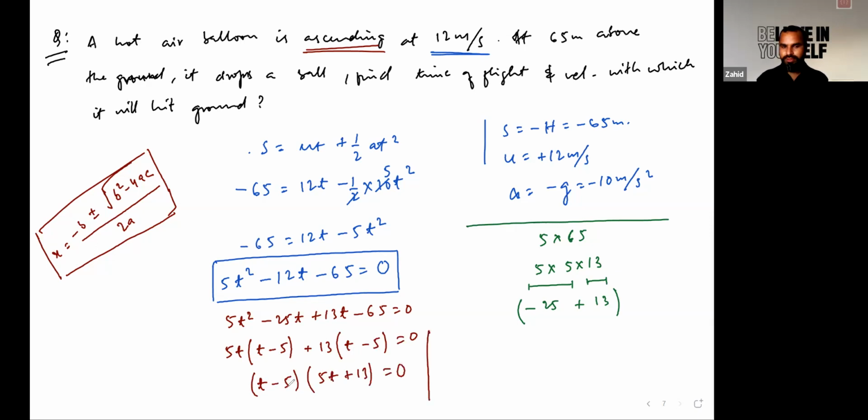On putting each term equal to 0, t equals 5 seconds from the first part and t equals minus 13 over 5 seconds from the second part. Time can never be negative, so it will be neglected. So your answer would be just 5 seconds.